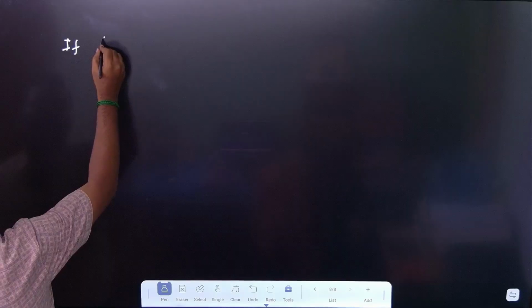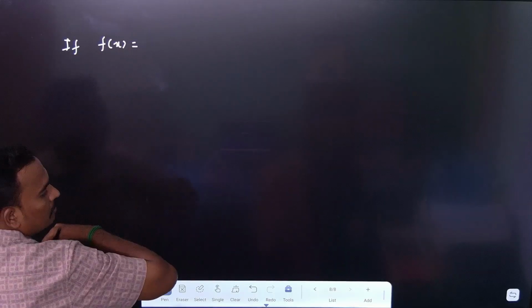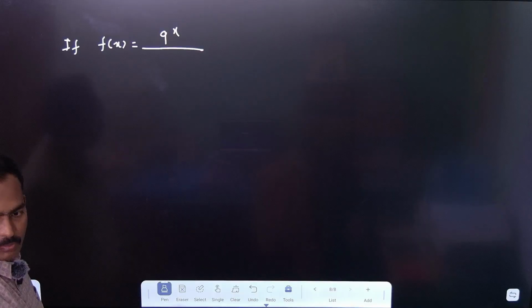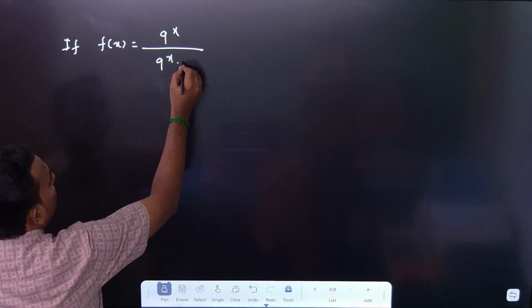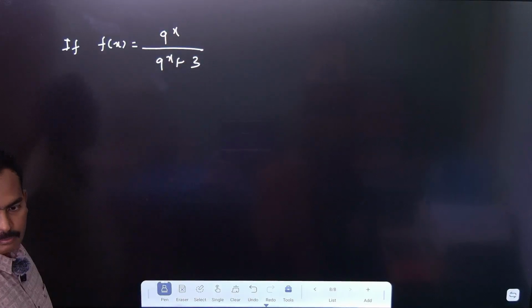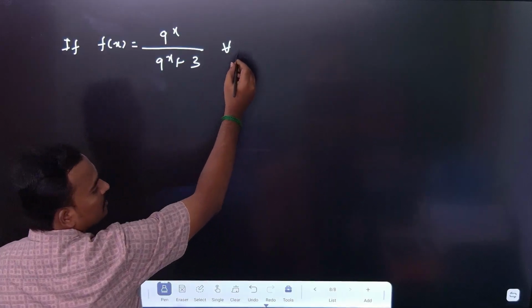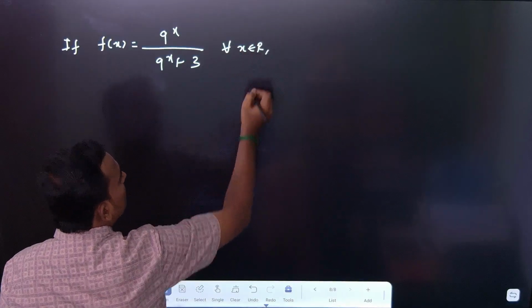Okay, next is, suppose I have f of x is equal to 9 power x divided by 9 power x plus 3, for all x belongs to real numbers.